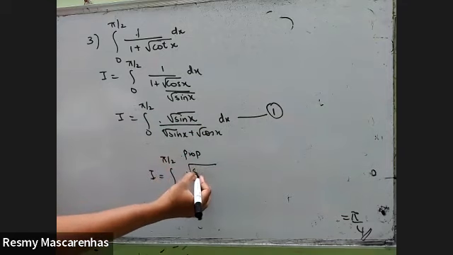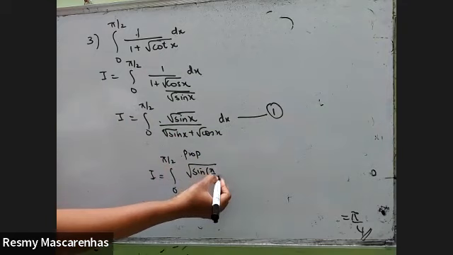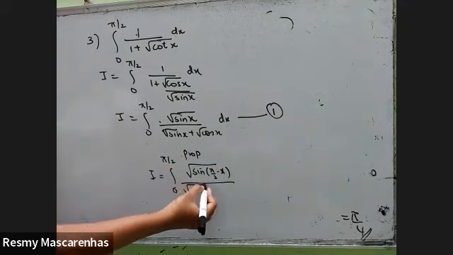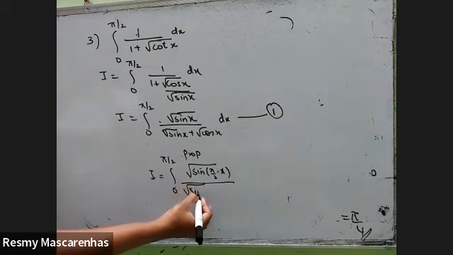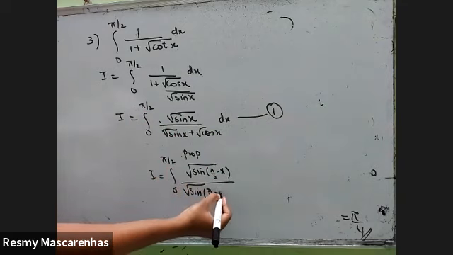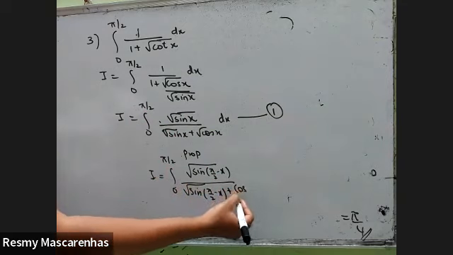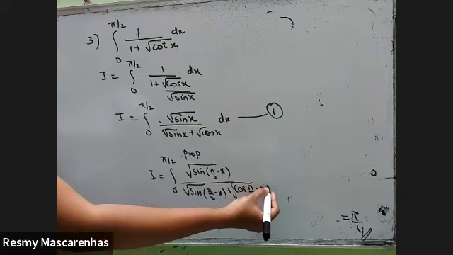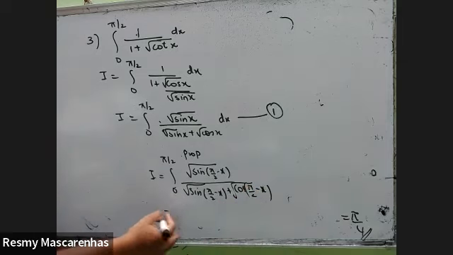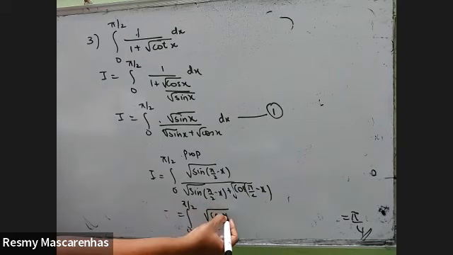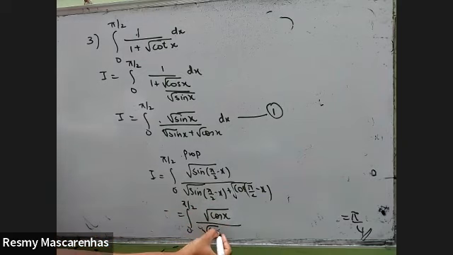Everything will get replaced by sine of pi by 2 minus x. We will get this as 0 to pi by 2. This will become cos x. This also will become cos x.